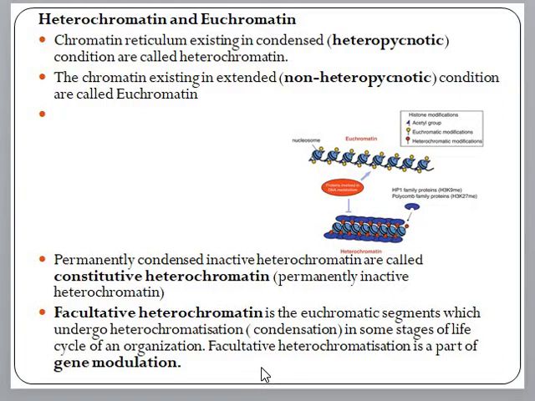Actually, these are euchromatic regions which undergo condensation and coiling to stop gene action. These regions which are temporarily heterochromatized or coiled are called facultative heterochromatin. Facultative heterochromatization is a part of gene modulation.